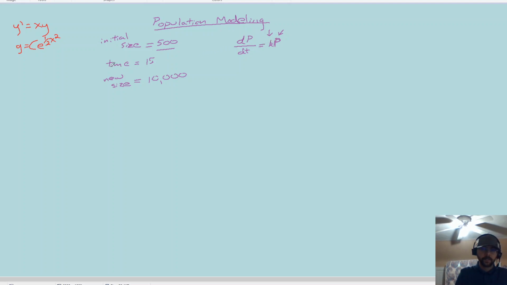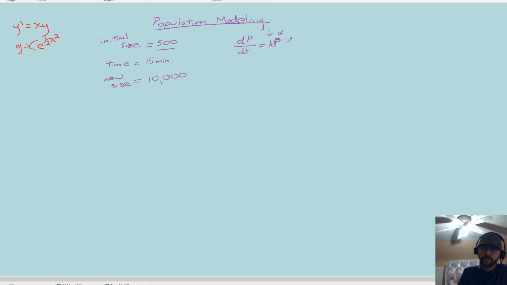After some time, say 15 minutes, there will be 10,000 bacteria, 10,000 little guys. Express population as a function of time. So this is the rate of change of population.